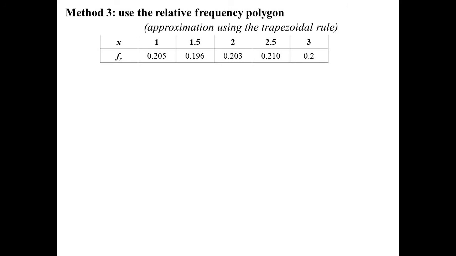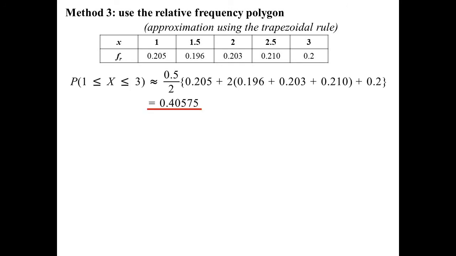I could use the relative frequency polygon like I did yesterday, using the trapezoidal rule, and we end up with 0.40575. You'll notice it's not quite the same answer, a very close approximation, but not quite the same.